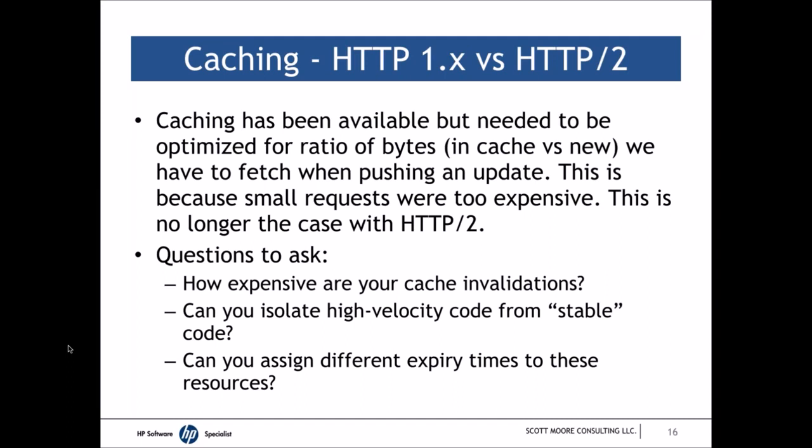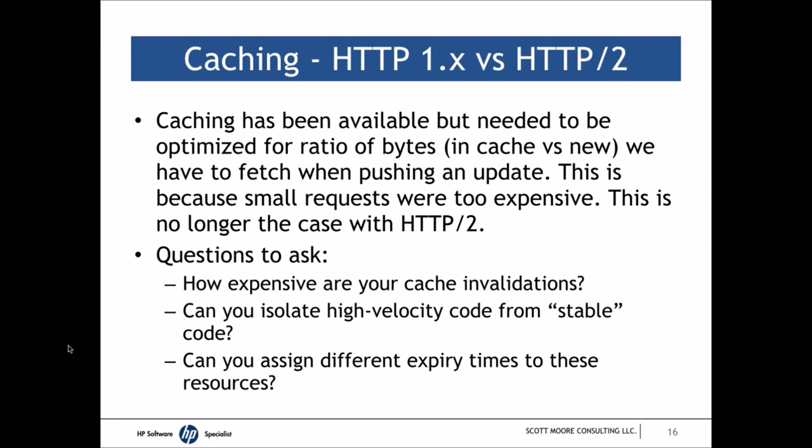So I said I would talk about cache. Before, when we dealt with caching and how long we cached for, it was always based around how much stuff I'm going to pull across the pipe. If I don't cache it long enough, I'm going to be pulling more stuff down.